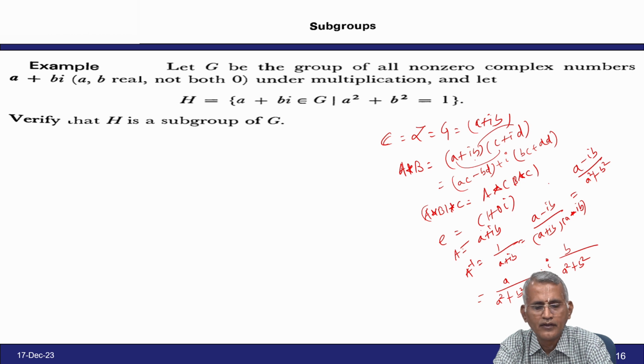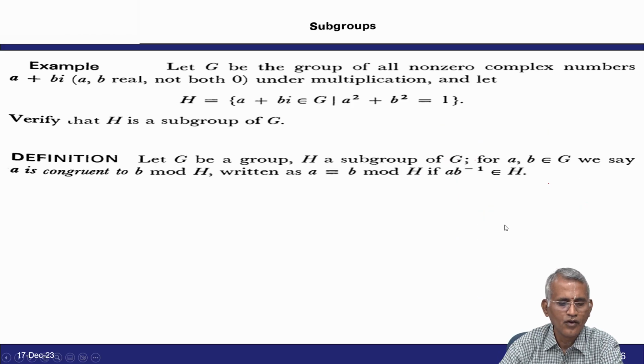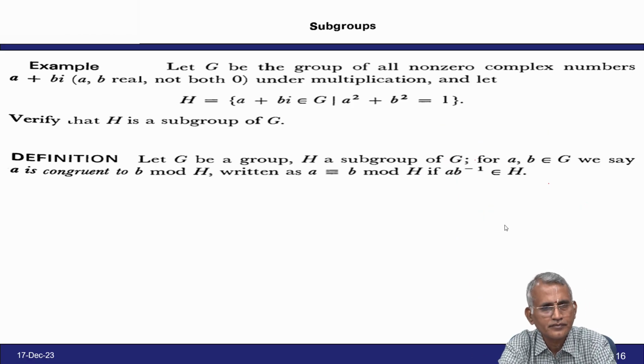And we have a subgroup H of the structure a plus ib; definitely it satisfies the first property and fourth property, therefore it is a subgroup. Now, we have a definition.